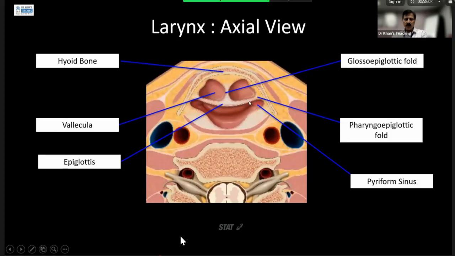Now, posterior to the aryepiglottic fold, this is the hypopharynx. This is the posterior wall of the hypopharynx. This is the piriform sinus and the piriform sinus.